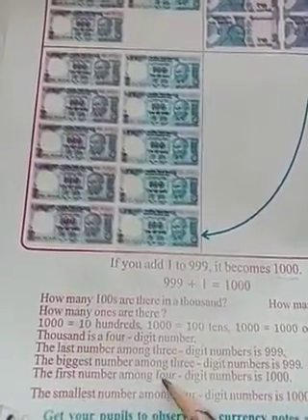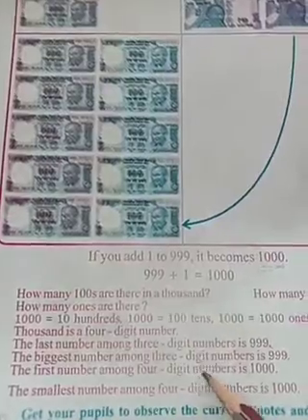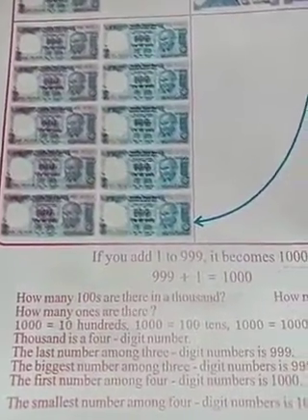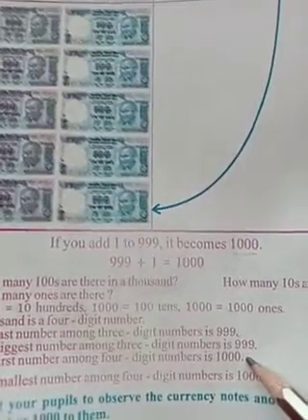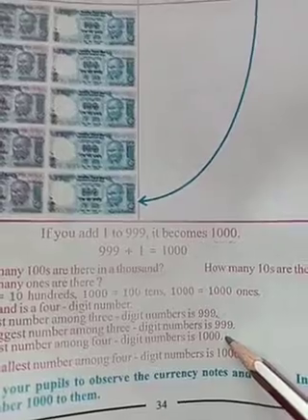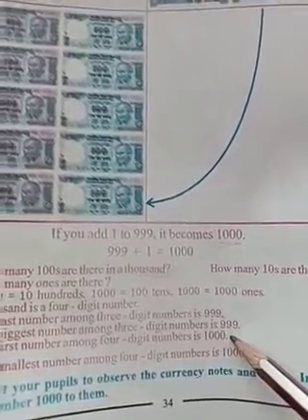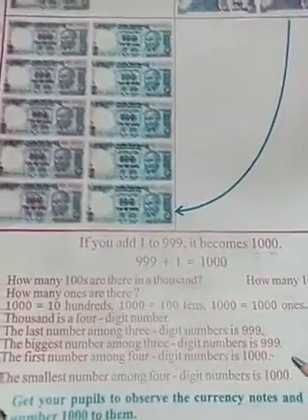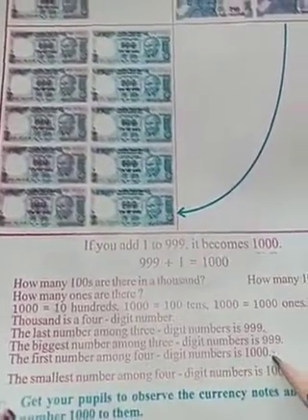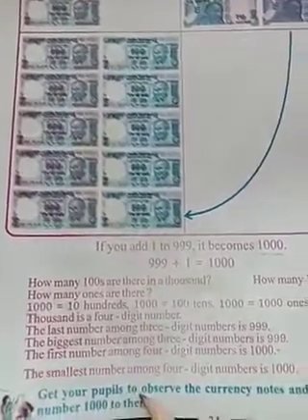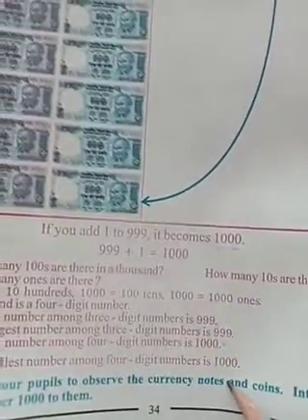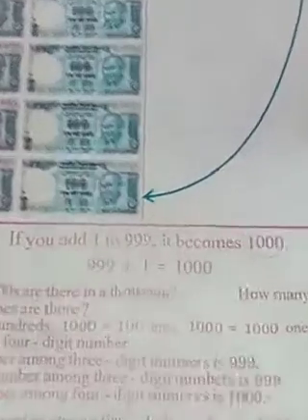So the biggest number among 3 digit numbers is 999. The first 4 digit number is 1000. So the smallest 4 digit number is 1000. Remember it, children.